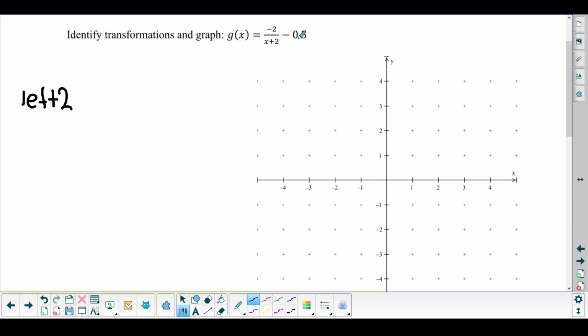And the thing above the function is a multiplication. Another way to think of this is it's negative 2 times 1 over x plus 2. It's just kind of been combined for us. So this is a vertical stretch by 2. And it's negative, so it's a vertical reflection.